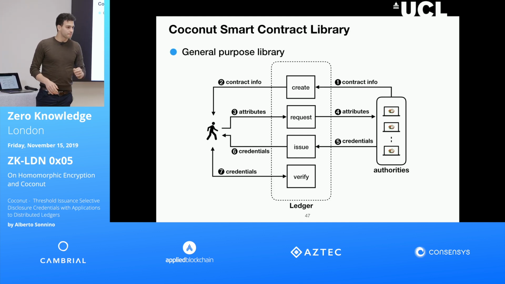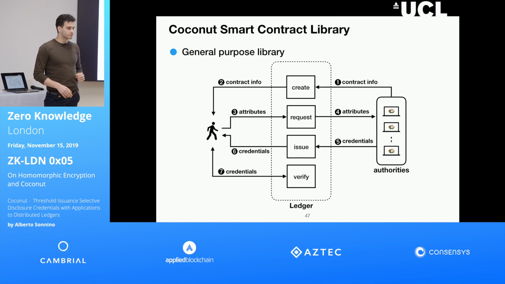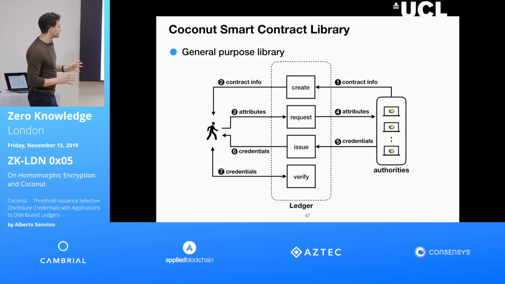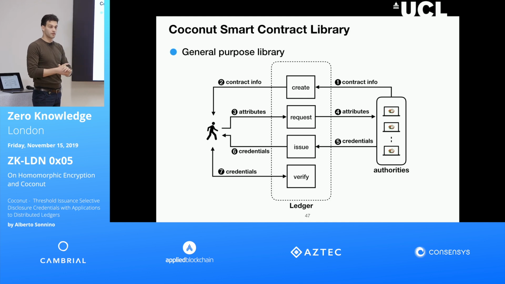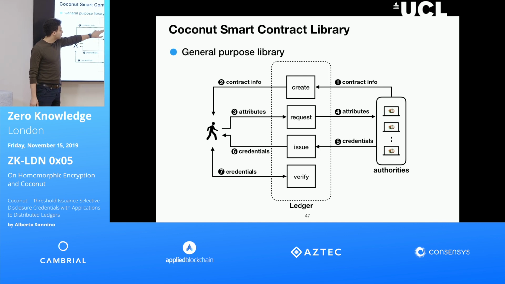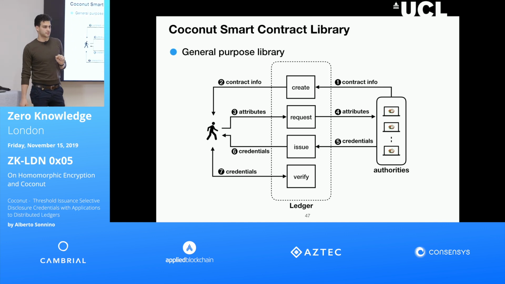Yeah. So you said that authorities don't have to be on a ledger. How are they known to be authorities? So basically, this also depends on the application. But generally speaking, you may have a group of people that may even not be the nodes of the ledger that create an instance of the smart contract and put some information on create.